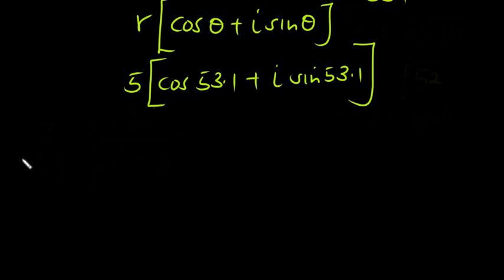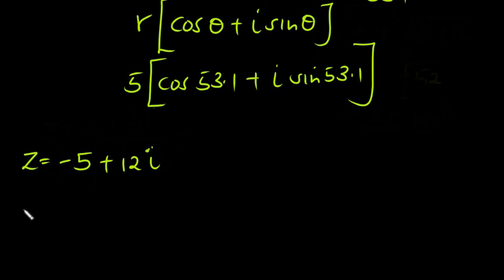If we have a complex number, z is equal to negative 5 plus 12i.